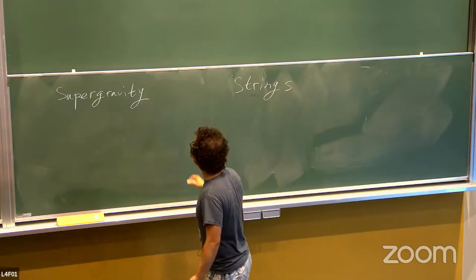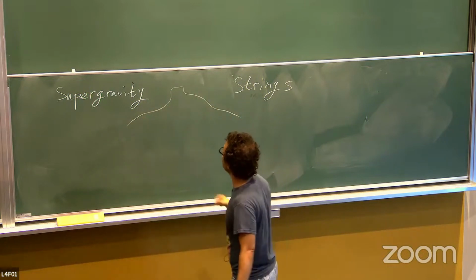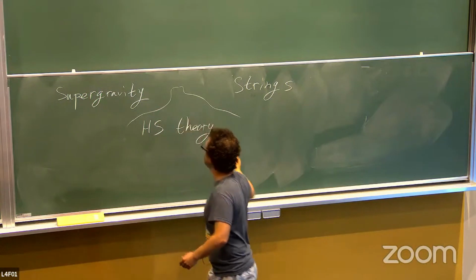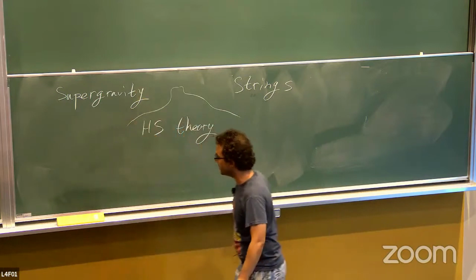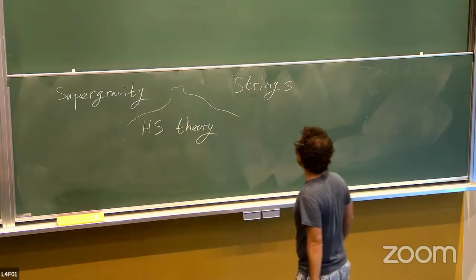Now, higher spin theory sits somewhere in the middle between these two. It is supergravity, but more, because it has a larger multiplet of massless gauge fields and the larger gauge symmetry connecting them.